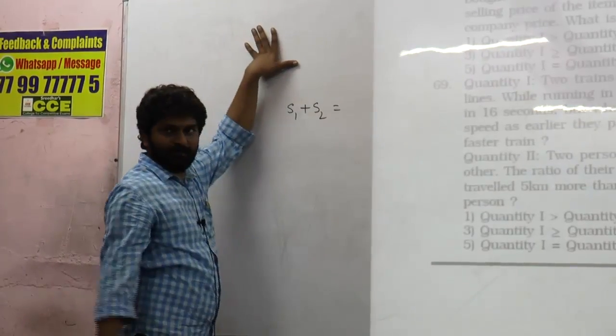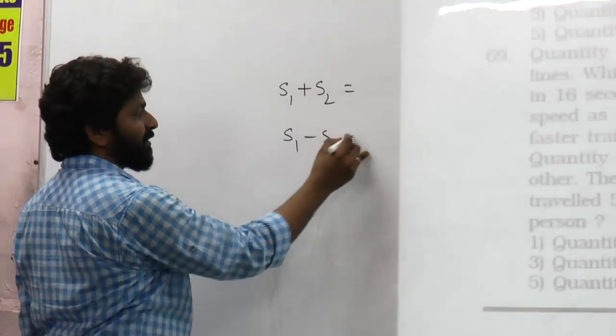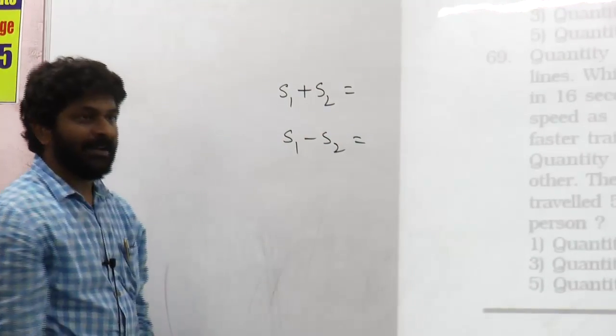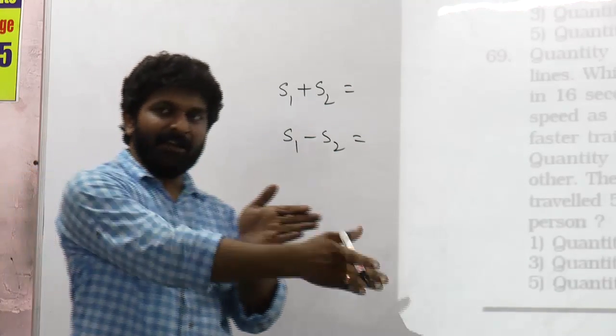Right, both are moving in opposite direction. Let's see. So relative speed becomes S1 plus S2. When they are moving in same direction, relative speed becomes S1 minus S2. Speed is equal to distance by time. If a train tries to cross another train, what is the distance traveled?